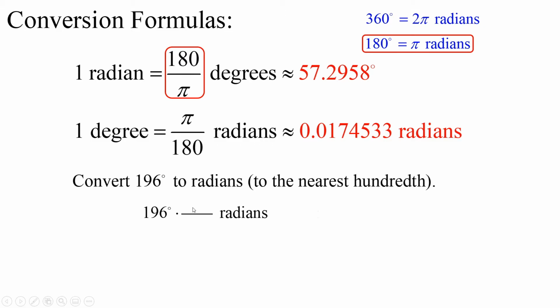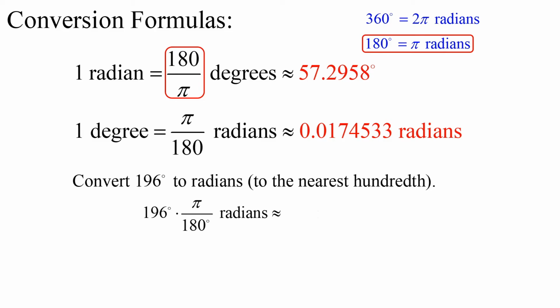You want your answer in radians, so you want a factor of pi in the numerator over 180 degrees in your divisor, just like that. Now look what happens right here. The measurement of degrees would cancel out, and all you have to do is punch out 196 times pi divided by 180, and you've made your conversion. So that is approximately, so let's punch this out carefully.